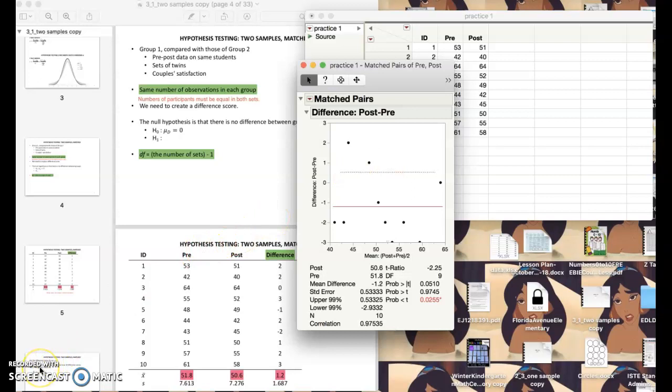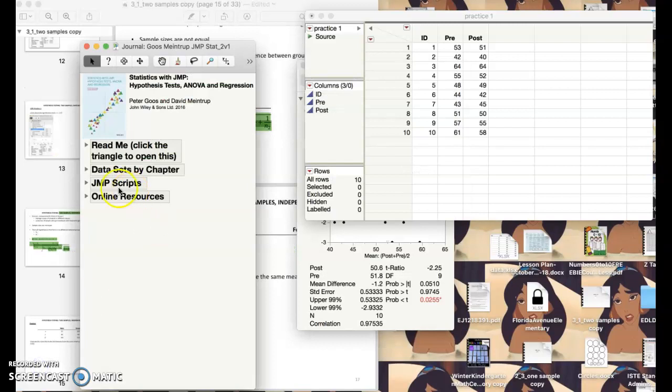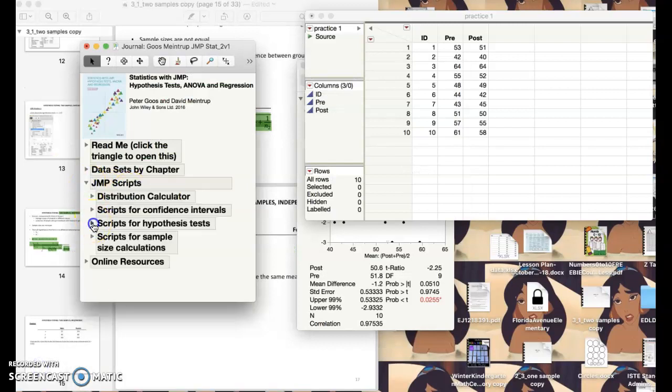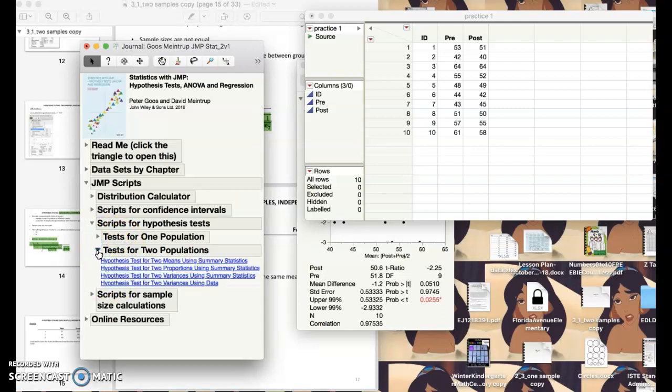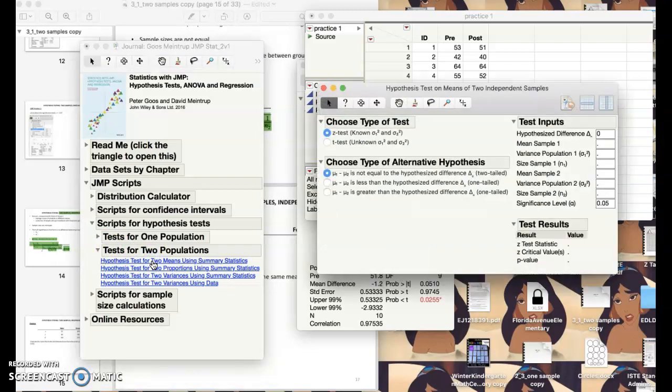Again, match or pair the two samples for hypothesis test. This time we have two samples, test for two calculations. First thing, hypothesis test for two means using summary statistics.